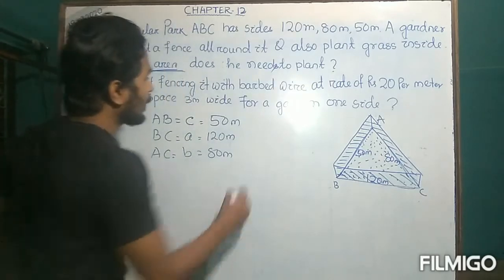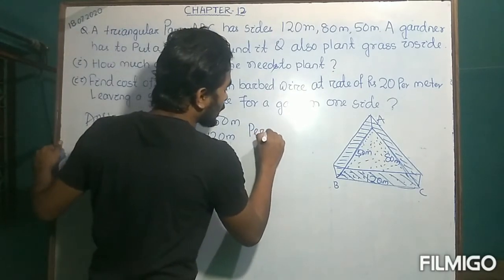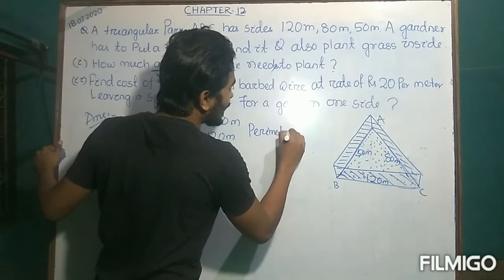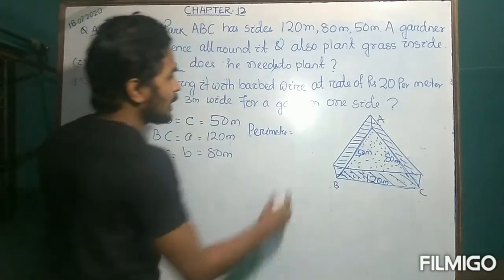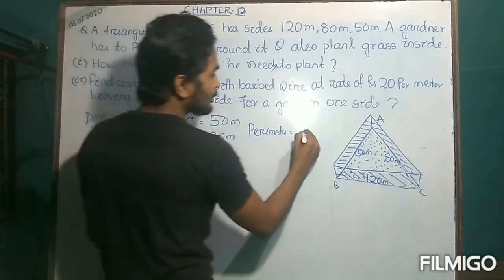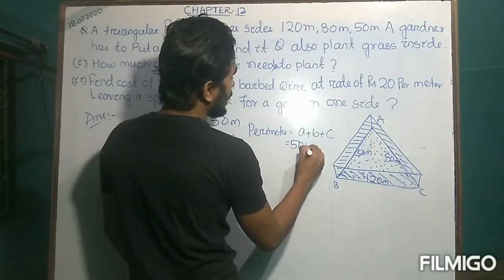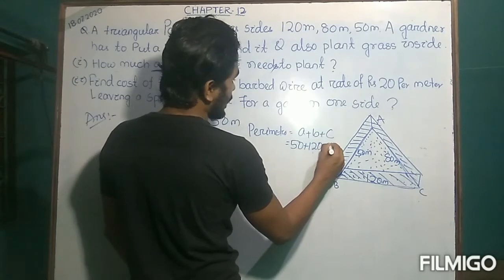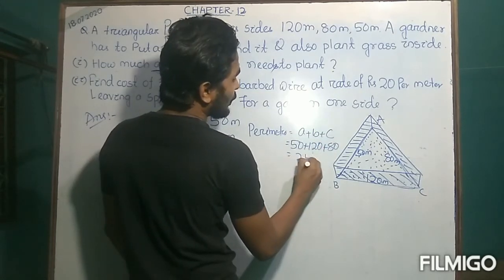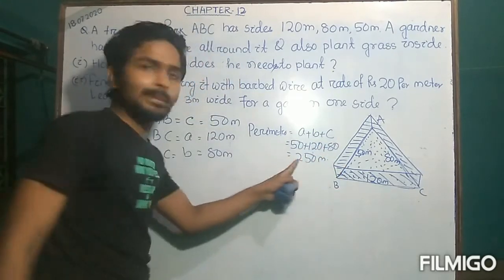So first, for Heron's formula, we have to find the perimeter. The perimeter of the triangle is a plus b plus c, that is 50 plus 120 plus 80, which is 250 meter. Clear? This is the perimeter.